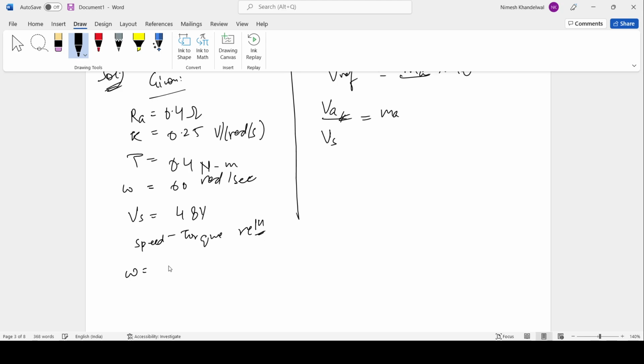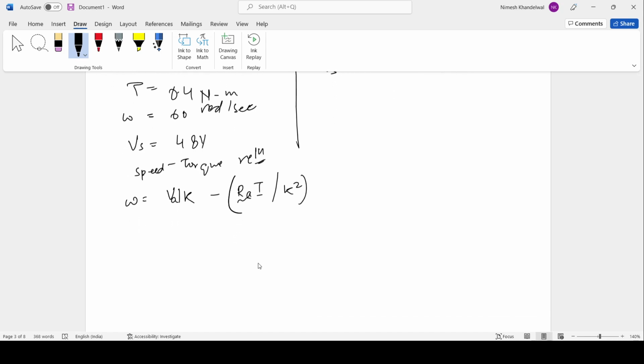Okay, and what is the speed torque relation? This is my armature voltage minus Ra, that is my armature resistance, times the torque over K squared. Okay, so we put everything here, we will get K.